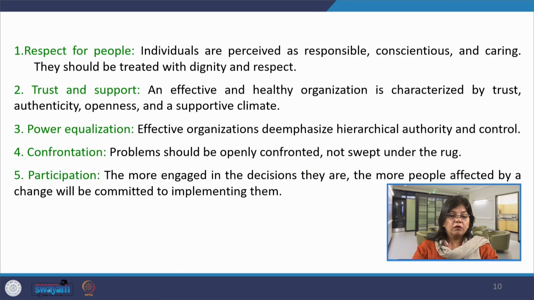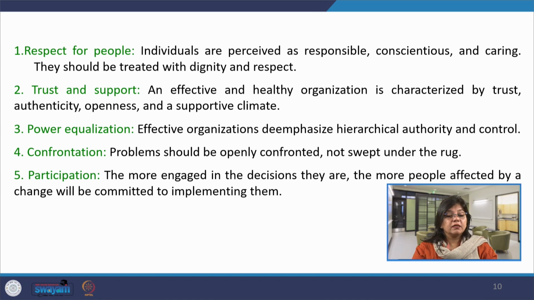So, respect for people: individuals are perceived as responsible, conscious and caring. They should be treated with dignity and respect. So, it is not only about bringing the change and implementing organizational effectiveness, it is about bringing a change within the organization while having concern for employees, as they are perceived as responsible, conscious and caring assets of the organization and must be treated with dignity and respect.